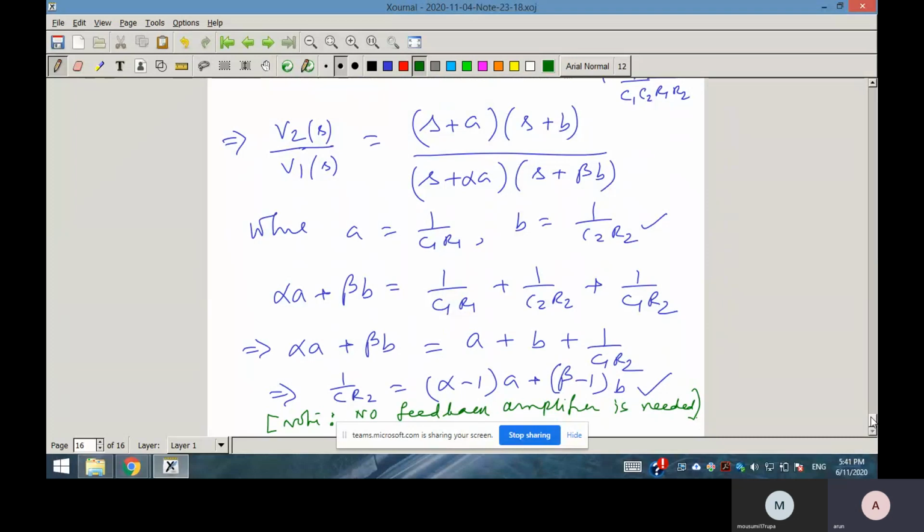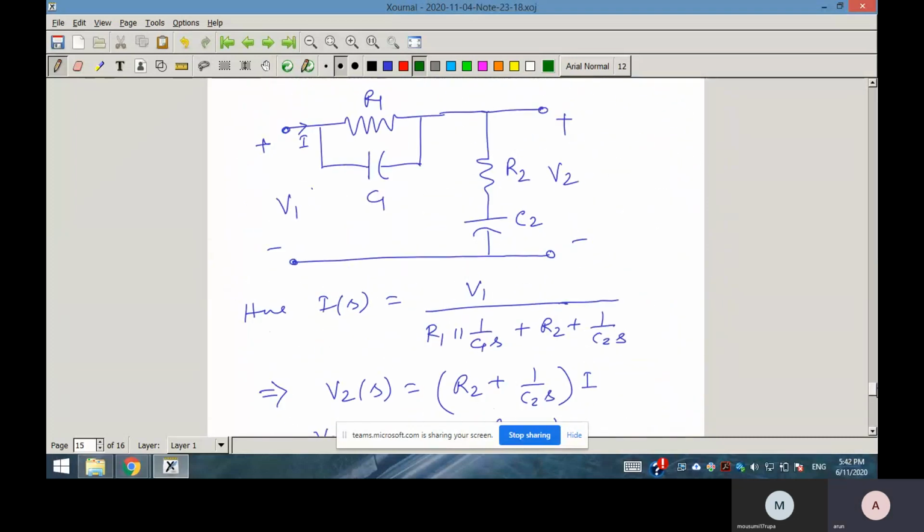We need to design lag controller. What is the gain crossover frequency needed to design the lead controller and lag lead controller. So that will be a complete design problem. So in the next class we'll see. Okay.